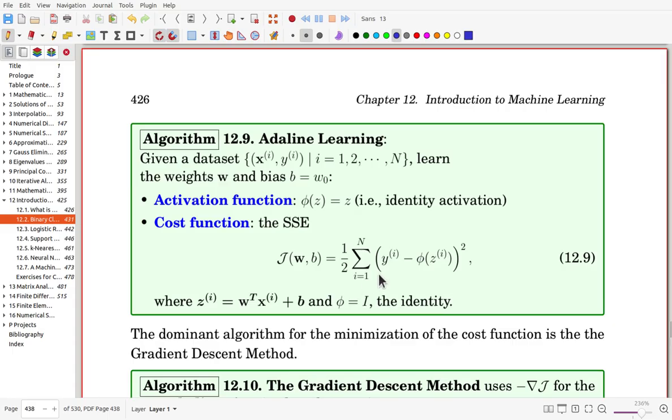So this portion is the same as this one: yi minus W1 x1 plus W2 x2 and so on, and finally WD xd plus b.